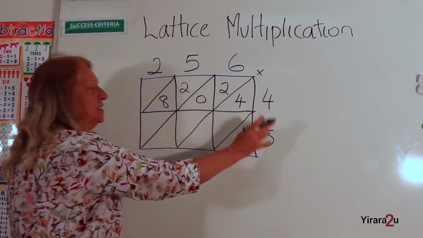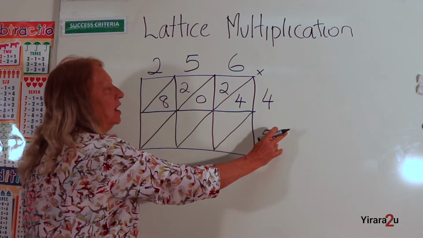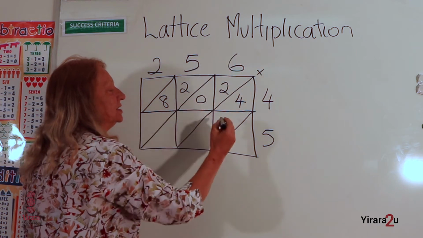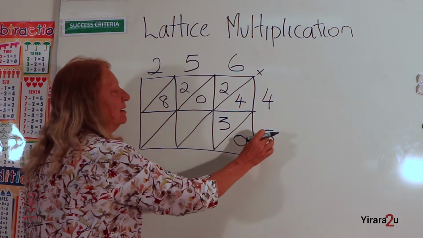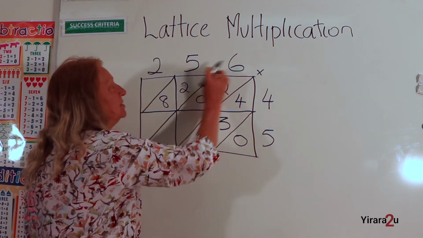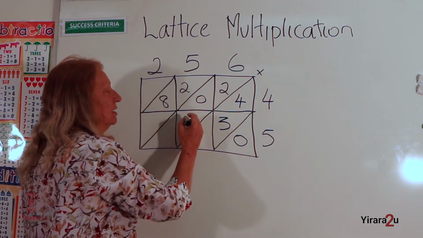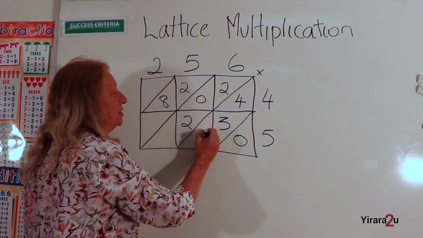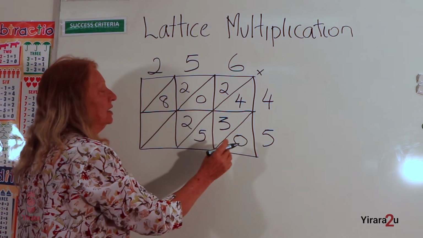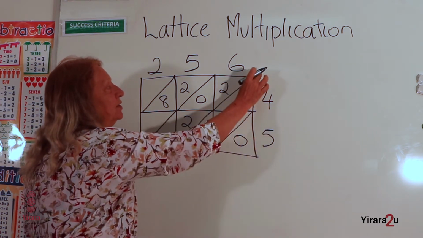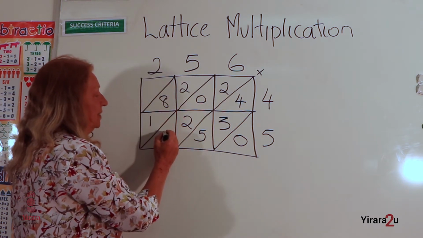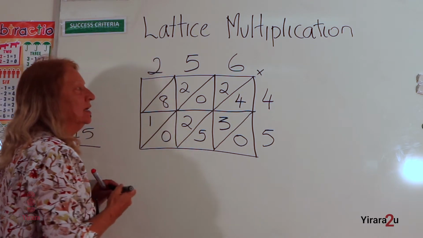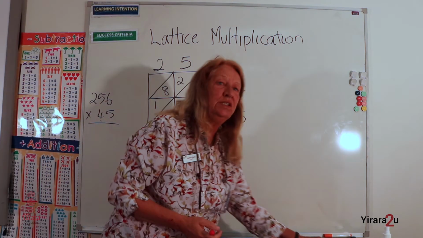We've finished this, now we go here. 5 times 6, 30. 5 times 5, 25. Last one, 5 times 2. 10s up the top and 0s here. So you can see that's been easy so far.